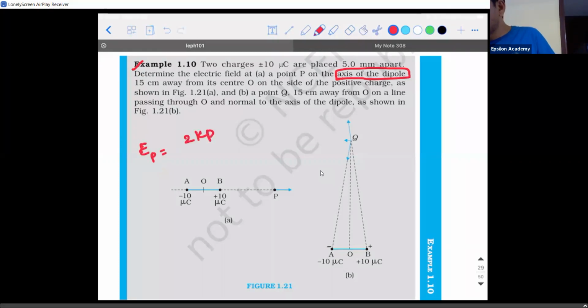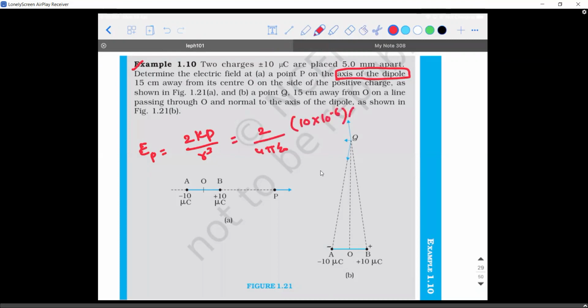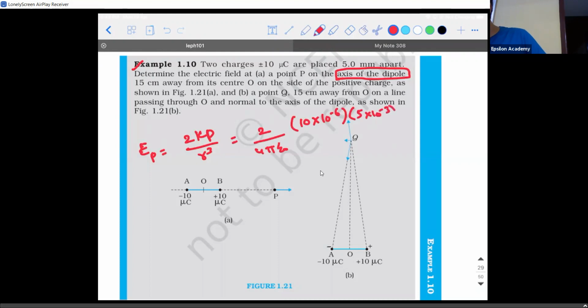2 kp divided by r cube, where r is the distance from the center to the point where you are calculating the field. 2 divided by 4 pi epsilon naught into what is the value of P? The dipole moment P can be written as Q into 2A.